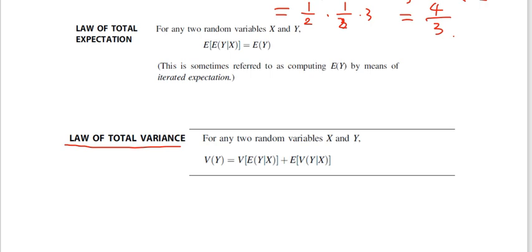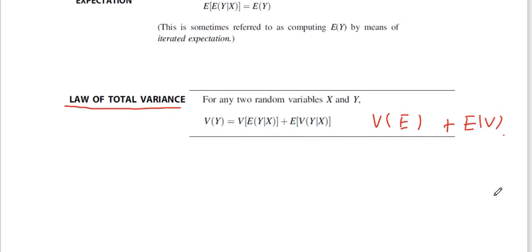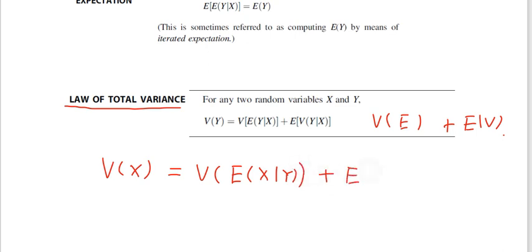So we have this formula: V of x equals the V of the expectation with y fixed, plus the E of the variance with y fixed. So we just go back to our problem.